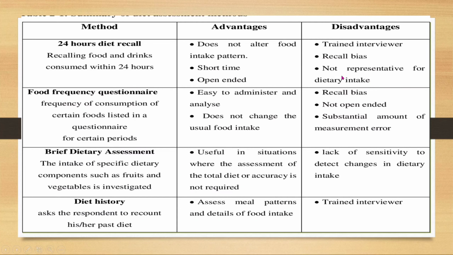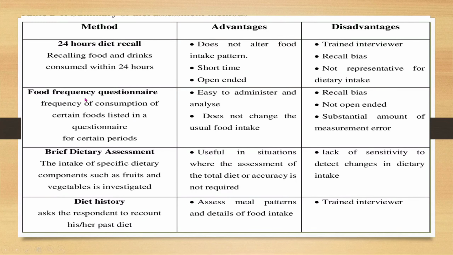It is also not representative of the patient's routine dietary intake. It could be on a festival day, the patient might have taken more sweets or other carbohydrate food, which contradicts the usual pattern.